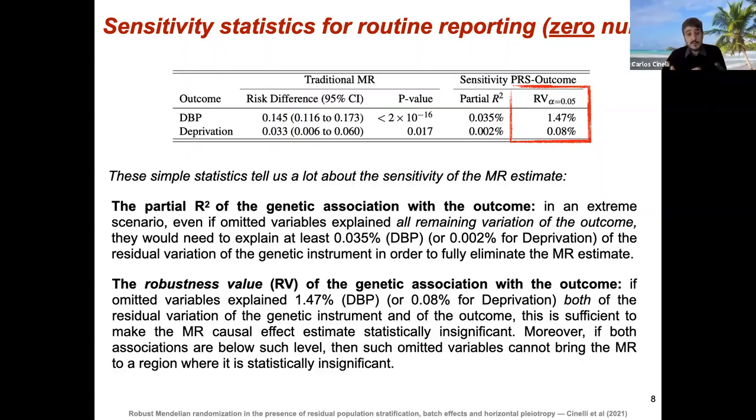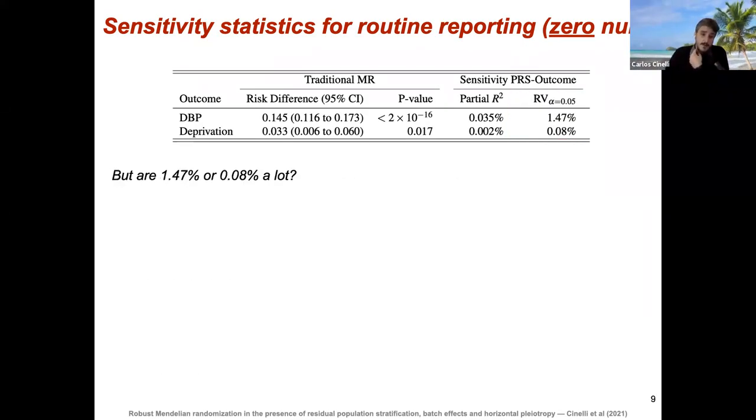Otherwise, such a violation is not capable of bringing down our MR estimate to a region where it's not statistically significant. And again, note that for deprivation, the robustness value is reduced to 0.08% instead of 1.5%. So note that these metrics quantify how strong this residual bias needs to be in order to change the original conclusions of the traditional MR analysis. And they are very simple to compute. For most of those, you don't even need access to microdata to compute them.